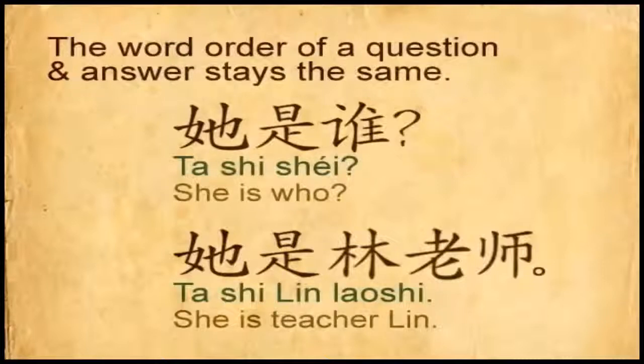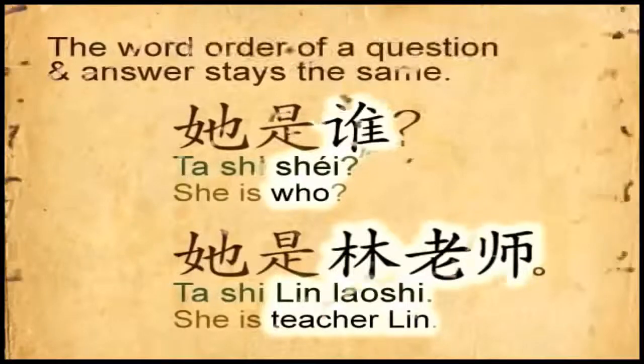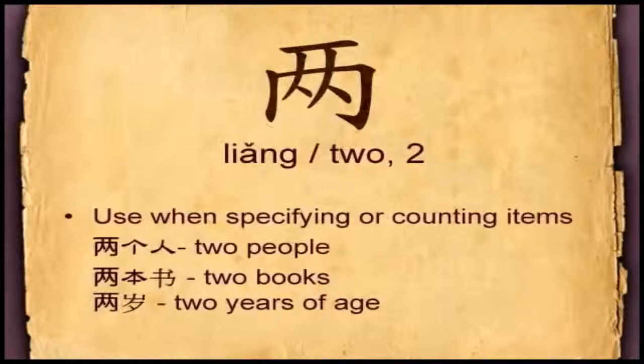When asking a question, the answer appears in the same part of the sentence as the question because the word order stays the same. You also learned that 两, meaning 2, is used when indicating the number of things, such as age. 两 is used when specifying items or counting things.